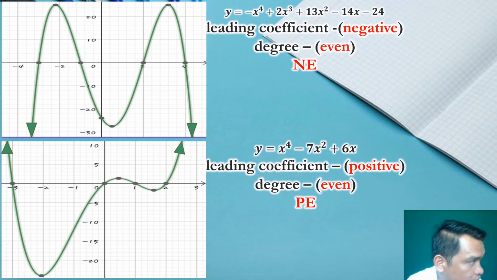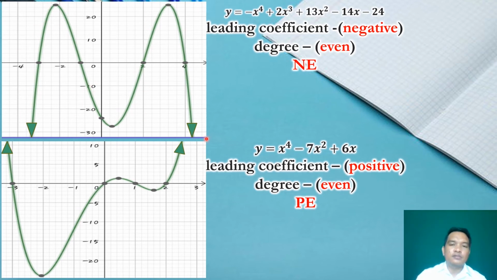Ito naman. Tingnan naman natin yung equation natin. Ang common naman sa kanya is, meron silang parehas even na degree. So, ano naman sa tingin nyo ang common sa kanila? Ang common sa kanila, sa graph natin is, parehas ang direksyon ng kanilang magkabilang end. So parehas, for example, sa number 1, sa nasa taas na picture, they are both falling.